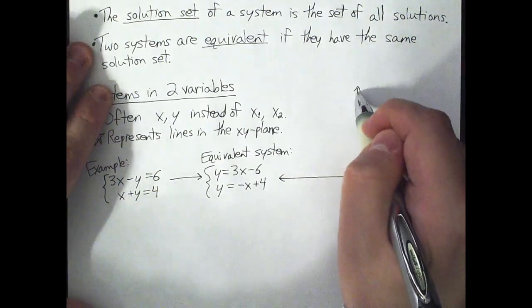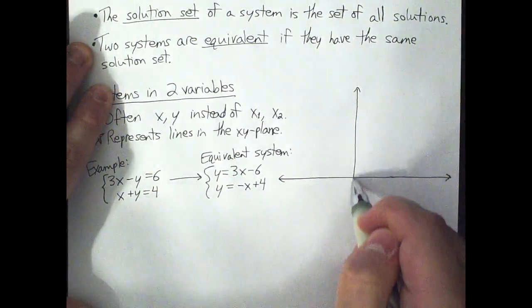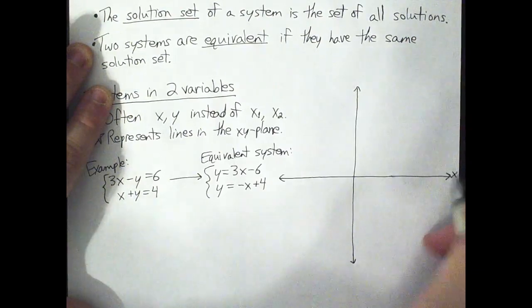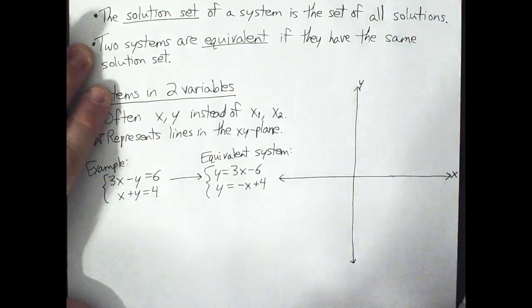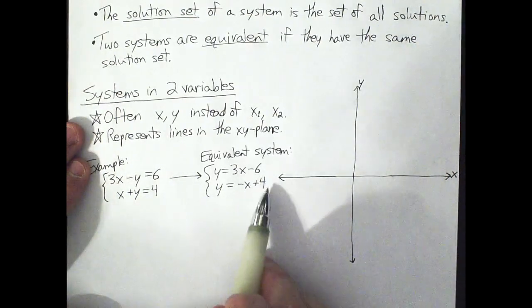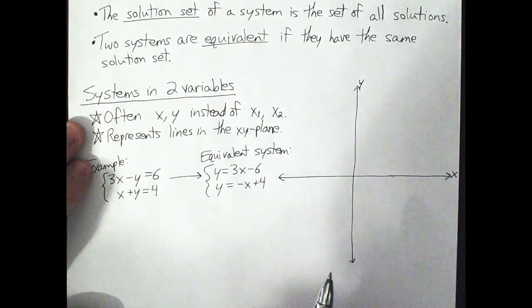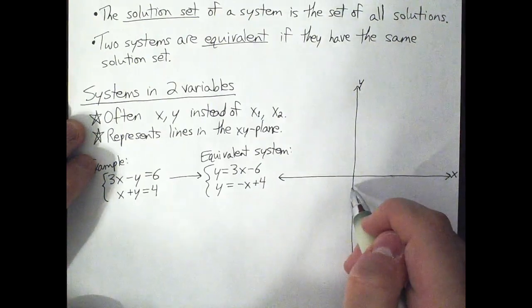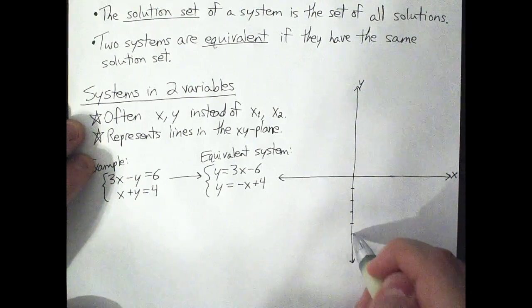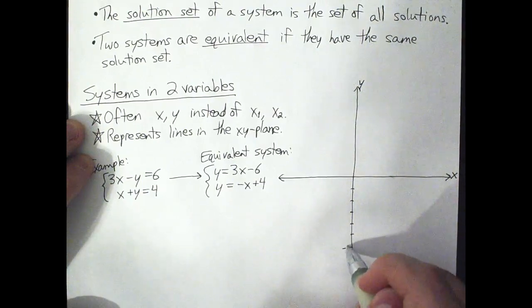And we should all be able to draw lines. If you're given an equation of a line, you should be able to draw it. So, xy plane. Let's see, what kind of scale do we need? Well, the y-intercepts are -6 and 4, so I need to make sure that I go down to at least -6. All right, there's -6.